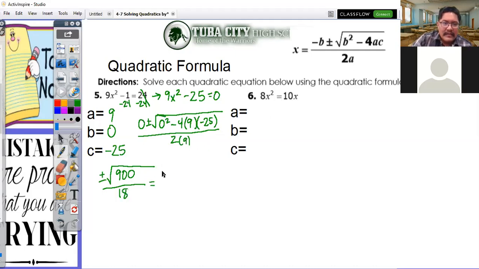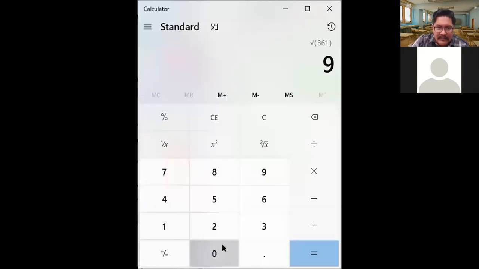Okay. Now 900 is a pretty big number. Even if I told you to remember the chart, I don't think it goes that high. I think the highest we went to is like 400. So let's go and take 900 and take the square root of it, which in this case, 900 is made from 30 times 30. So that is the root.